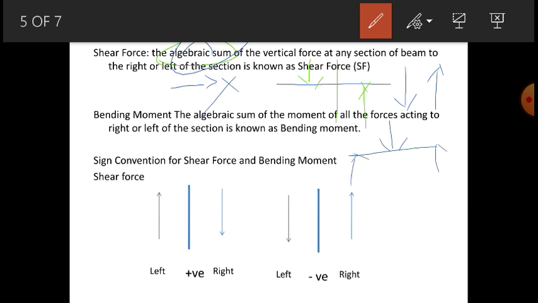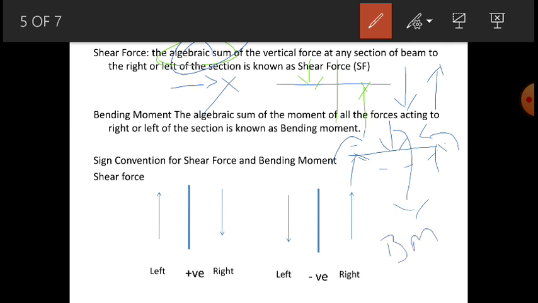these are your supports, and when you apply a load, the beam will try to have movement in this way. So due to that, there will be a bending caused. So due to that moment, a bending is caused, so it is called bending moment.